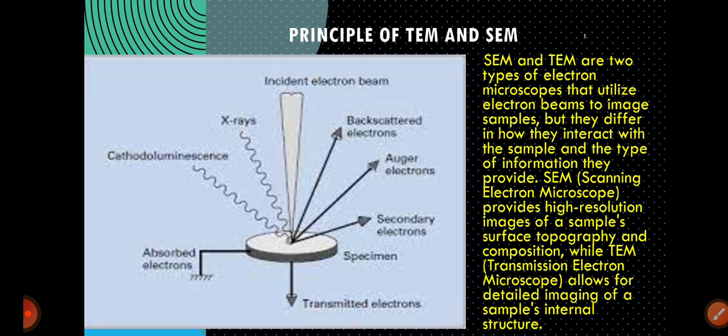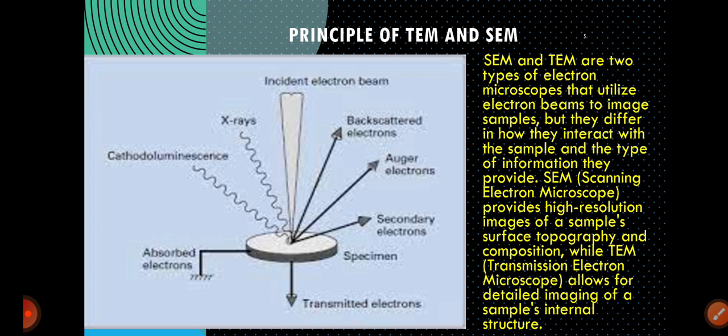Because inside the specimen there are a number of atoms and ions, some electrons will scatter back from the specimen. These electrons we call backscattered electrons.